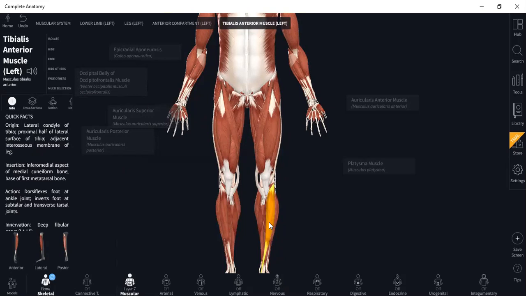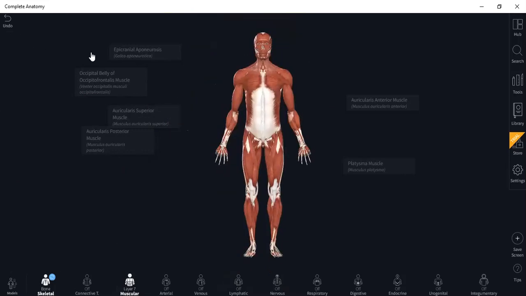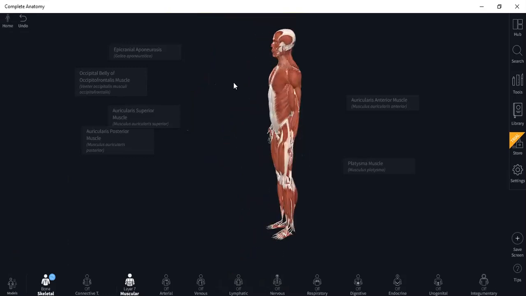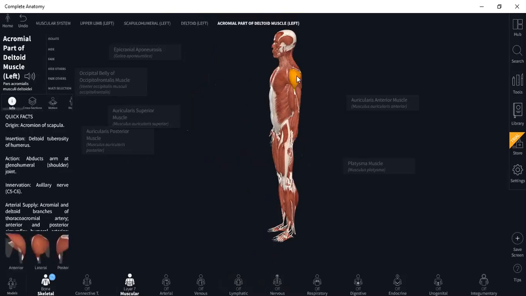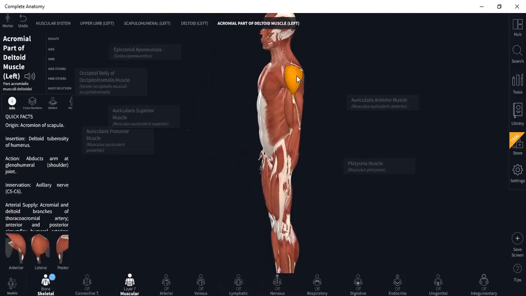So let's move on to some abduction and adduction antagonists. Abduction and adduction antagonists at the shoulder are deltoid, which performs abduction at the shoulder.